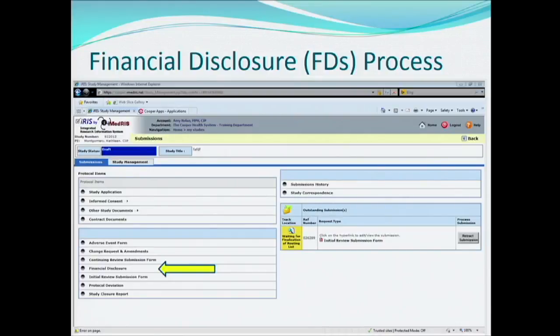Just as a sidebar, if you're doing amendments, once your study is approved, if you're submitting an amendment to add additional people to the study, you're not going to be able to route the financial disclosure immediately as soon as you complete the amendment submission, because they're not yet added to the study, and the IRB has to process that submission and add those people to the study. You'll get a notification from the IRB, and then the financial disclosures can be routed to those individuals.